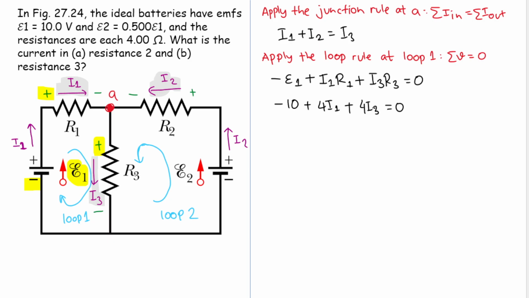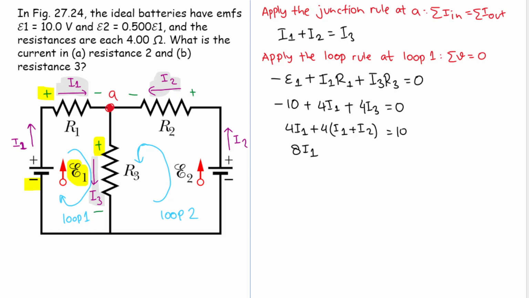And we can plug in that I3 is I1 plus I2. So I'll have 4I1 plus 4 times (I1 plus I2). Let's move this minus 10 to the right-hand side, so I will have 10 there. I1 only comes from this and that, so I will have 4 plus 4, which will be 8I1.